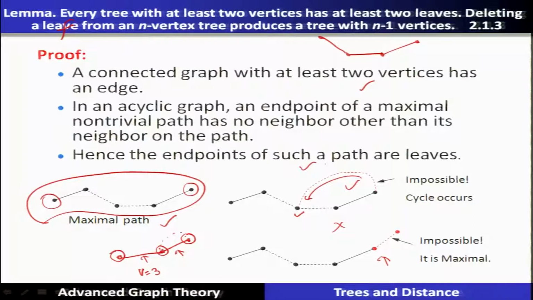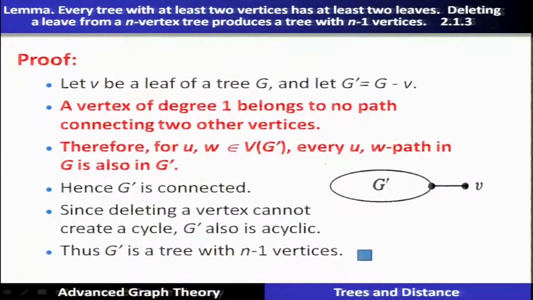Now we have to see the other part of the proof, that deleting a leaf from an n vertex tree will produce a tree with n minus 1 vertices. Now let V be a node of a graph G which is a leaf, meaning it has degree equal to 1.